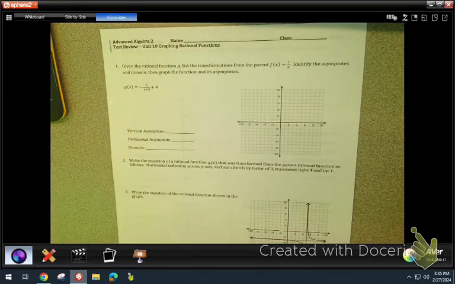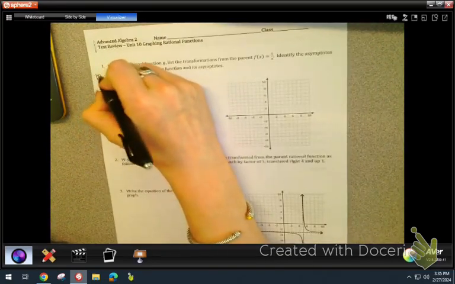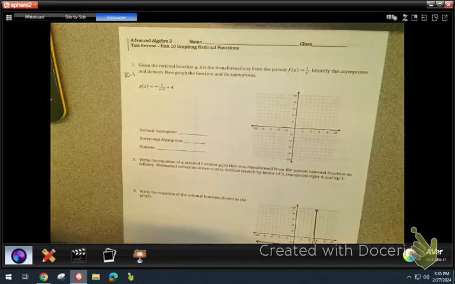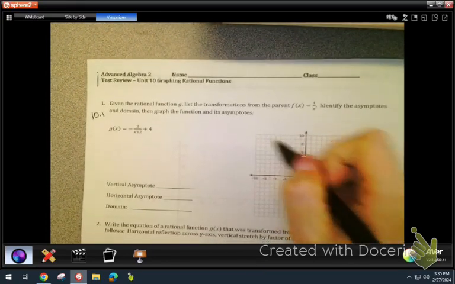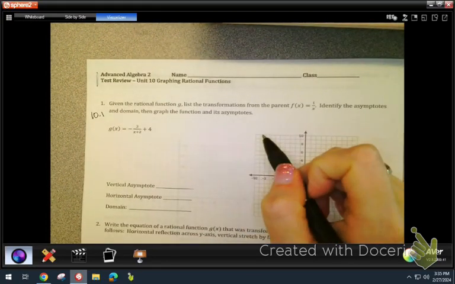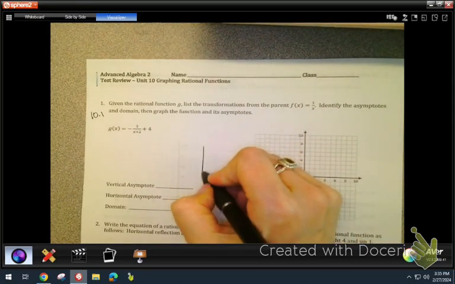Okay, test review. Final thing I wanted to mention. The first thing is problem 1 has you graphing from transformations. I want to remind you that was from section 10.1. We did graph from transformations a little bit on 10.3, I think. But this was something that I feel like y'all forgot a lot in the homework. Use a table. Make a table.